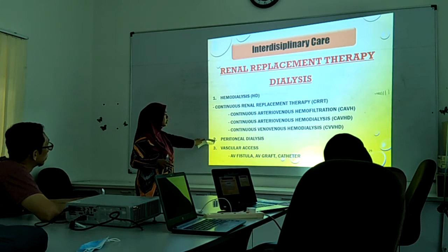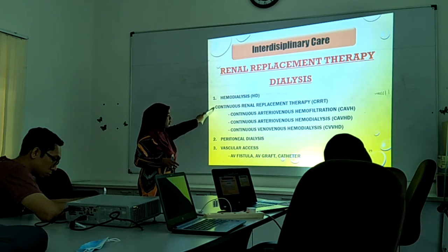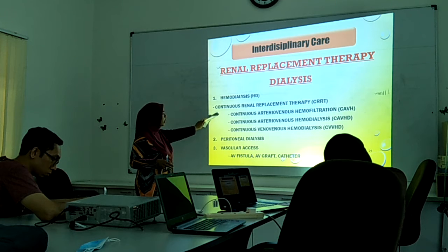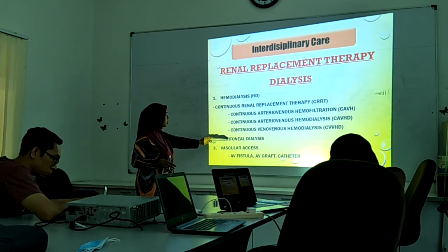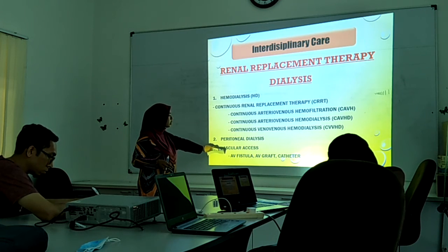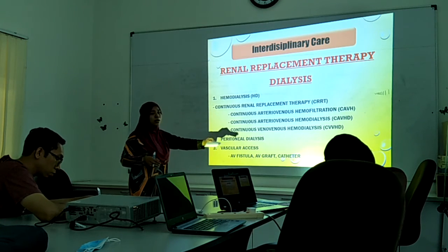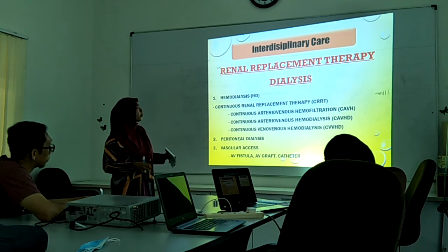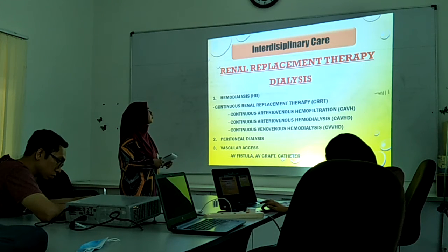And then peritoneal dialysis, because some patients don't want to have hemodialysis, they choose to have peritoneal dialysis. And vascular access, like the patient will undergo some AV graft insertion or AV fistula, or insertion of a catheter to go through the hemodialysis. Okay, next.